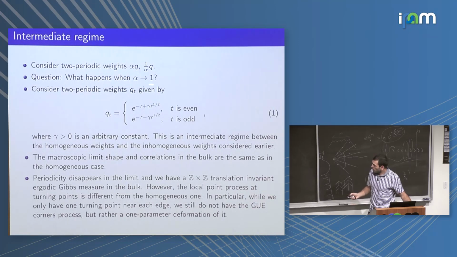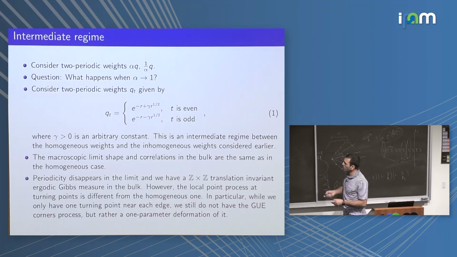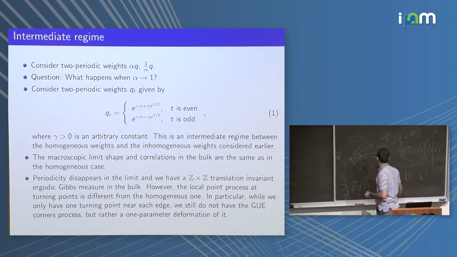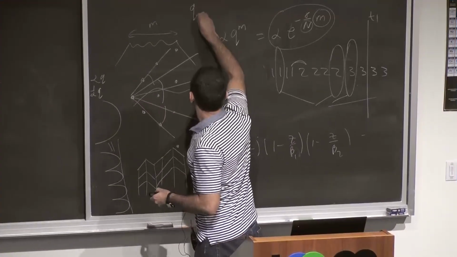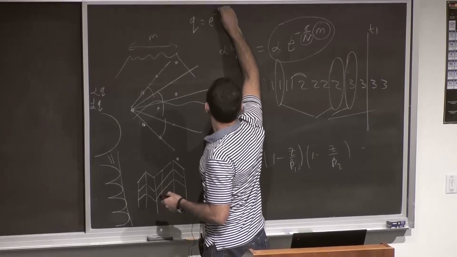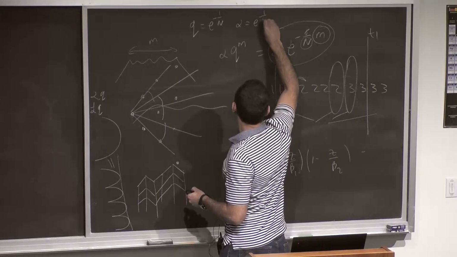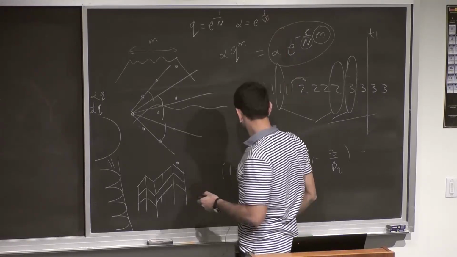But alpha should go to 1 slower than q goes to 1. So have alpha go to 1 like e to the gamma times root r, where r is 1 over n. So q was e to the negative 1 over n, and alpha is going to be e to the 1 over root n.